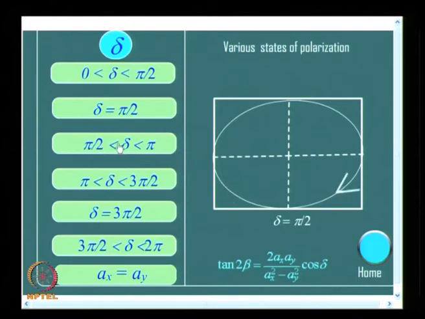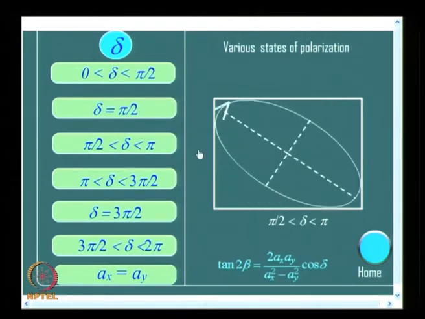And what happens when the range goes from pi by 2 to pi? The orientation changes, and the handedness still remains clockwise. When you complete this picture, you will have a nice set of pictures.